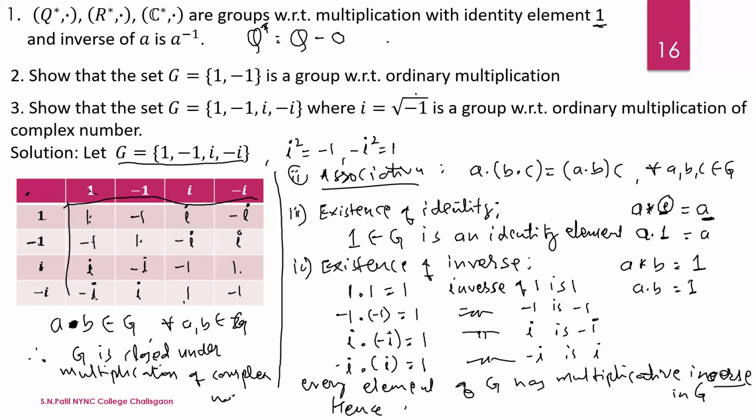G is a group with respect to ordinary multiplication of complex numbers.